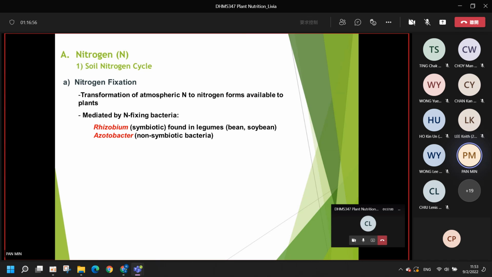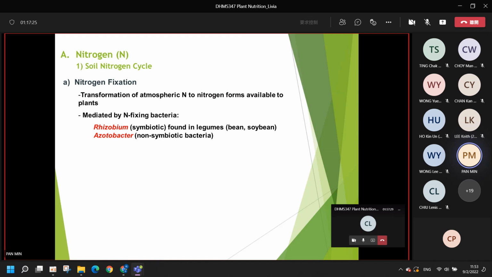Most of the nitrogen is molecular nitrogen, a relatively non-reactive molecule that is metabolically useless to all but a few microorganisms. And the fixation of nitrogen is mediated by nitrogen-fixing bacteria.